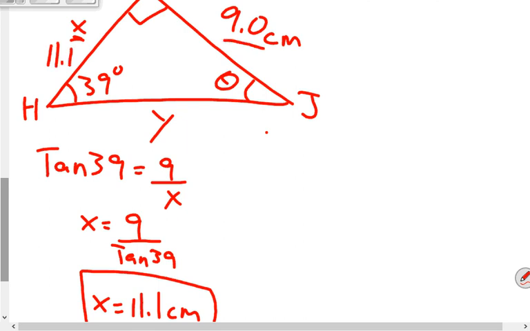So I have this side, I have this angle, and I want to solve for y. What side of my triangle is y? It's the hypotenuse. Good. So I have angle, opposite, and hypotenuse. You got enough there for sine.